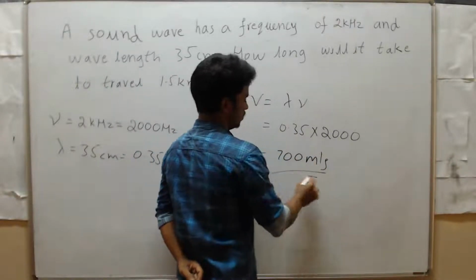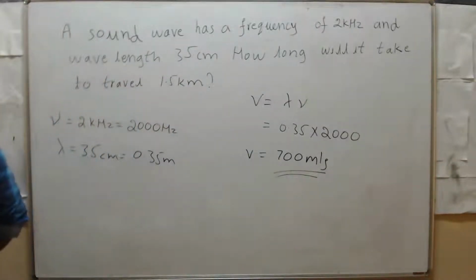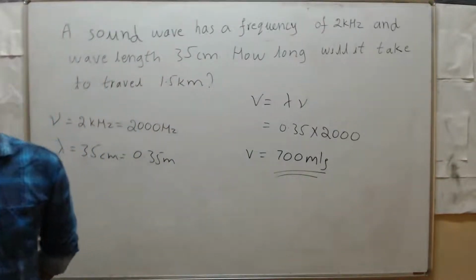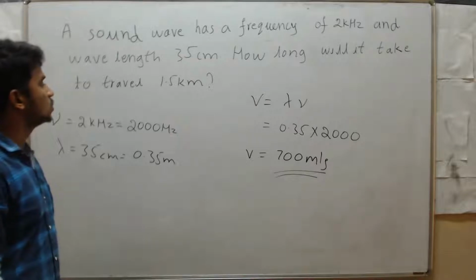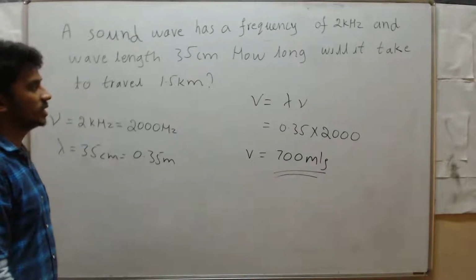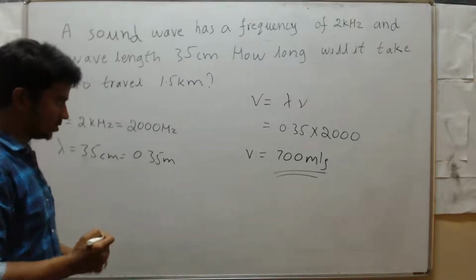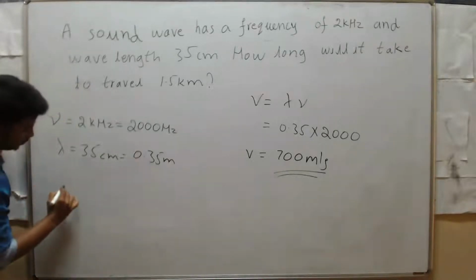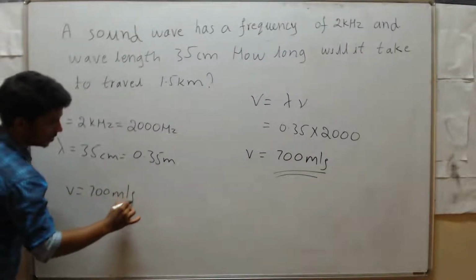The unit of speed of sound is meter per second. Next, how long will it take to travel 1.5 kilometer? Here you have to calculate the time. Now we got the speed, v equal to 700 meter per second.